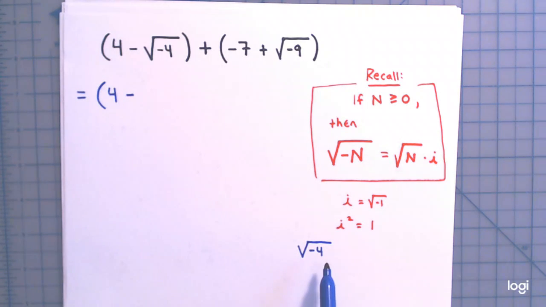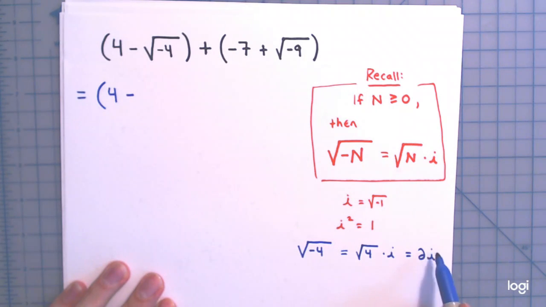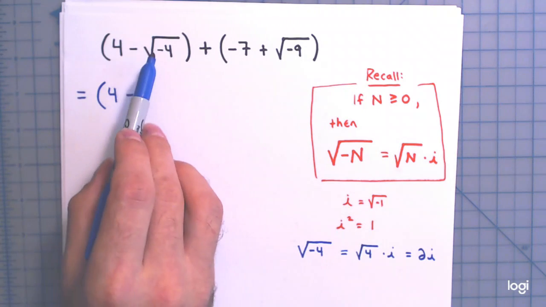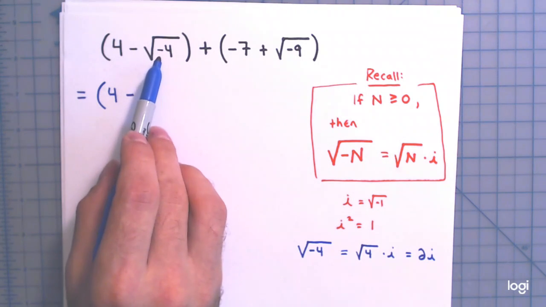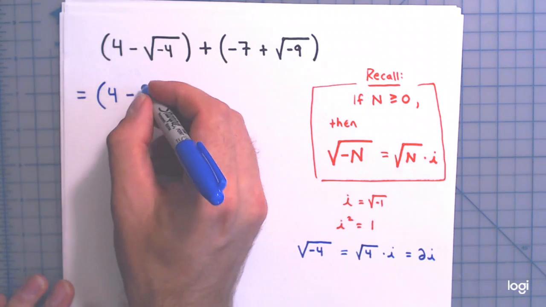I can rewrite this as a real number times i. The square root of -4 is equal to the square root of 4 times i. There's a real number times i, but what is the square root of 4? That is 2. So I'm going to rewrite the square root of -4 as this pure imaginary 2i.